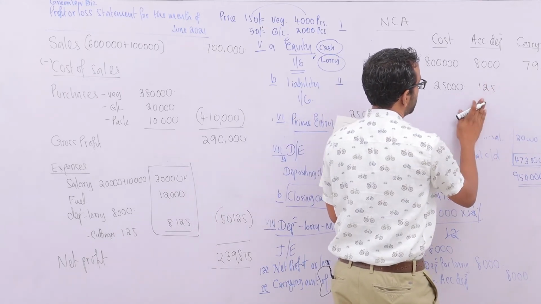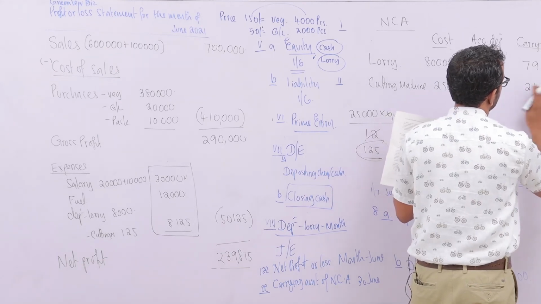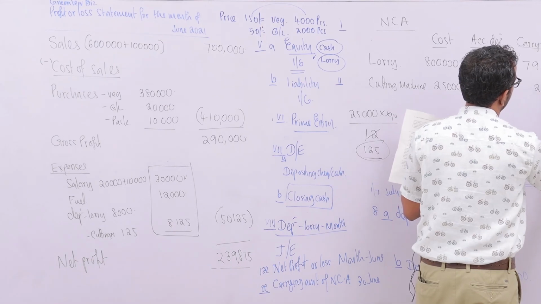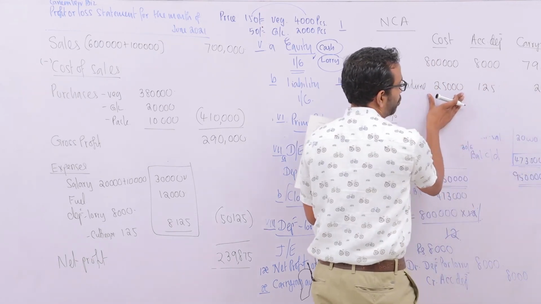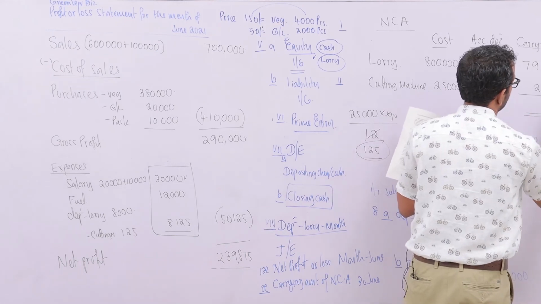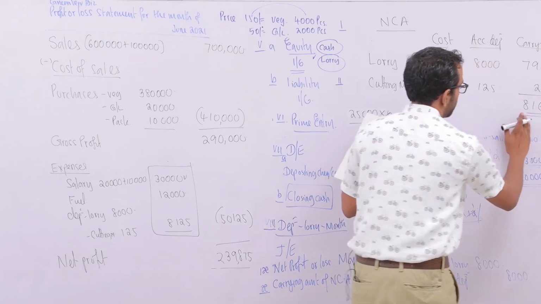So, this minus this, 24,875. 25,000 minus 125. Add together, 816,875. That is the answer.